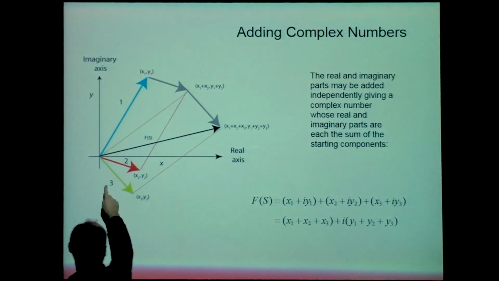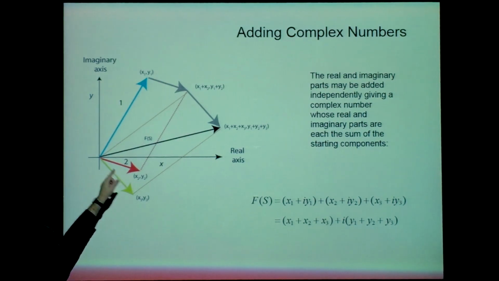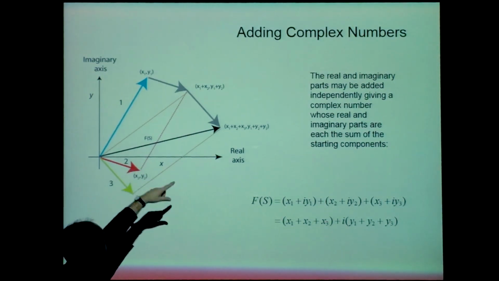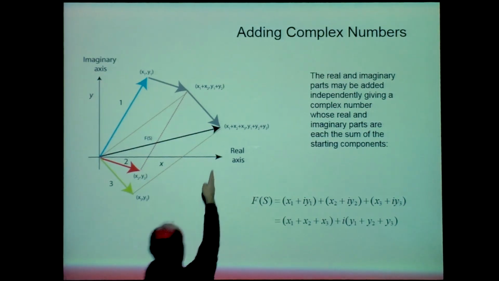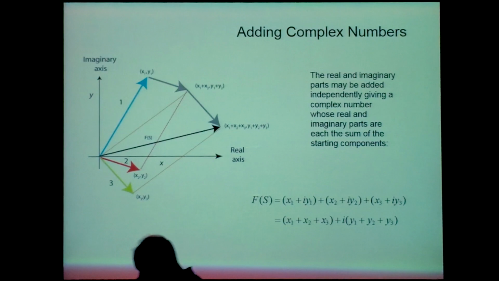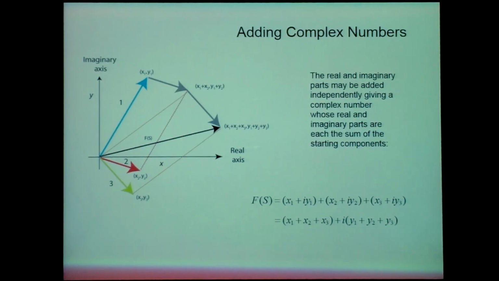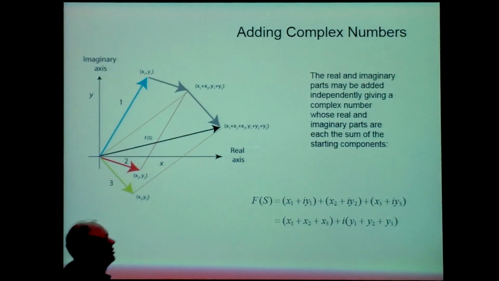The final intensity and phase of that final reflection will be that black line there. We go from the first reflection to x1, y1. You take the second reflection from where the first reflection ends, and the third reflection from where the second reflection ends. That black line is the final position. The drop down to this axis gives you the real component, the strength of that reflection, and the angle gives you the phase. So using the Argand diagram, you can add multiple reflections together and find out what the final intensity of that reflection is.